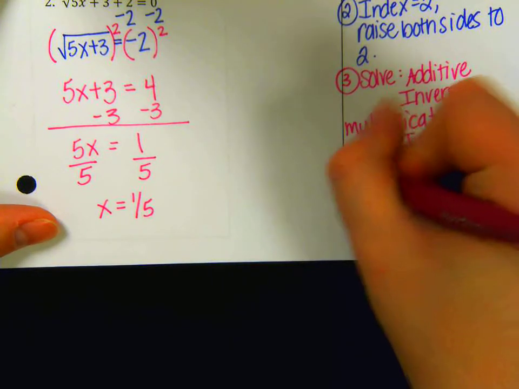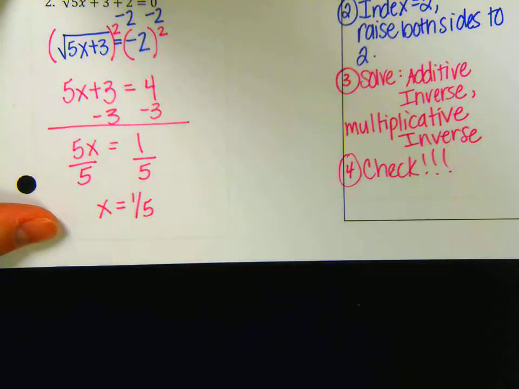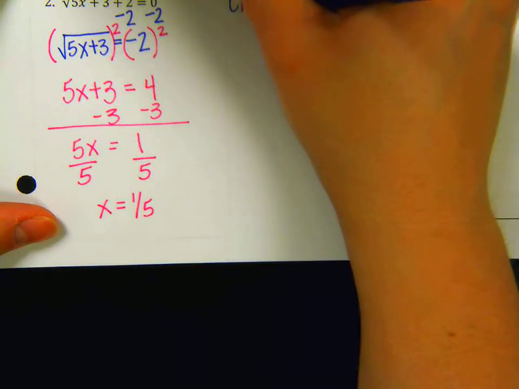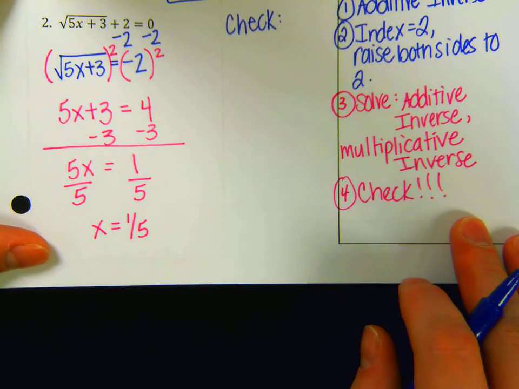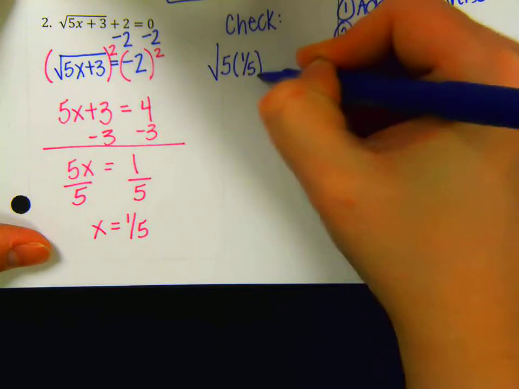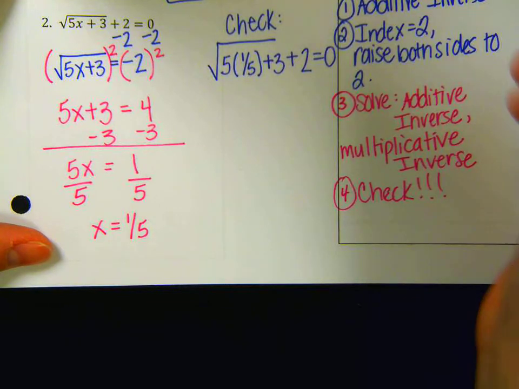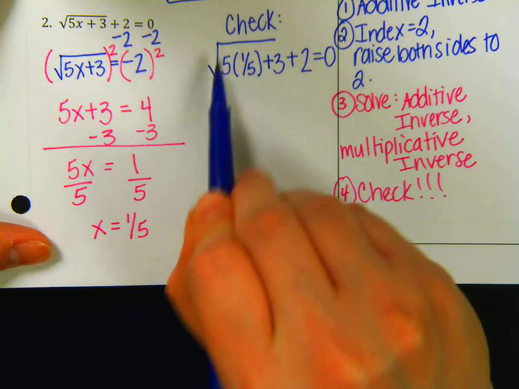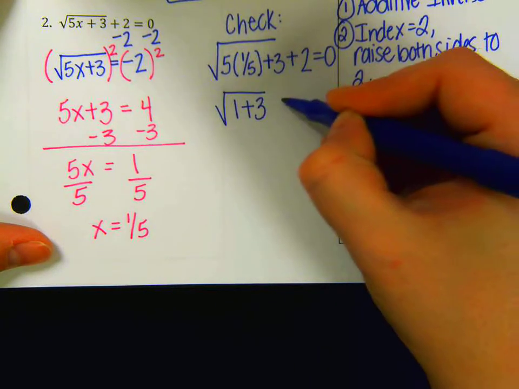Here's that important part. Check. I'm plugging this in, and yes, you can use your calculator if you want to. I'm not going to. Five times a fifth just ends up being 1, so I get the square root of 1 plus 3 plus 2.